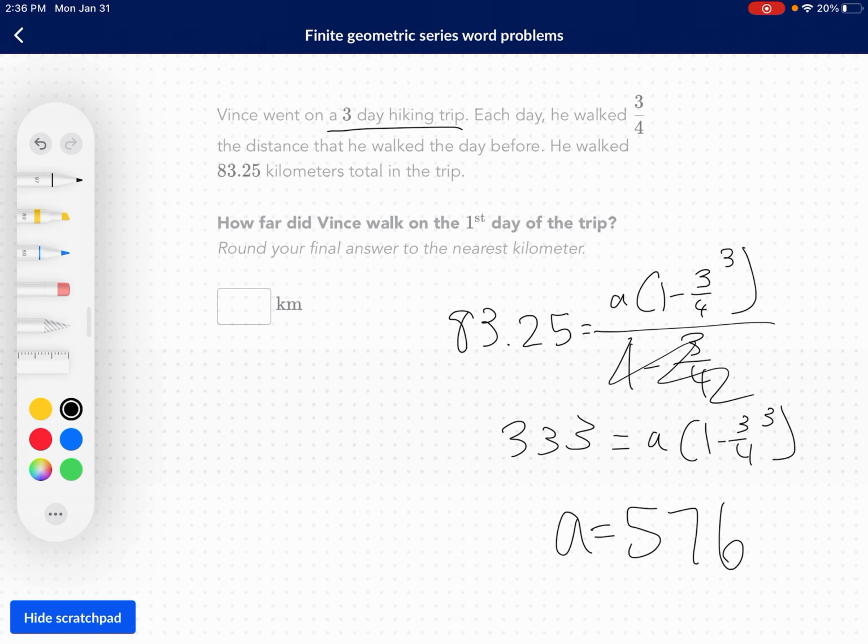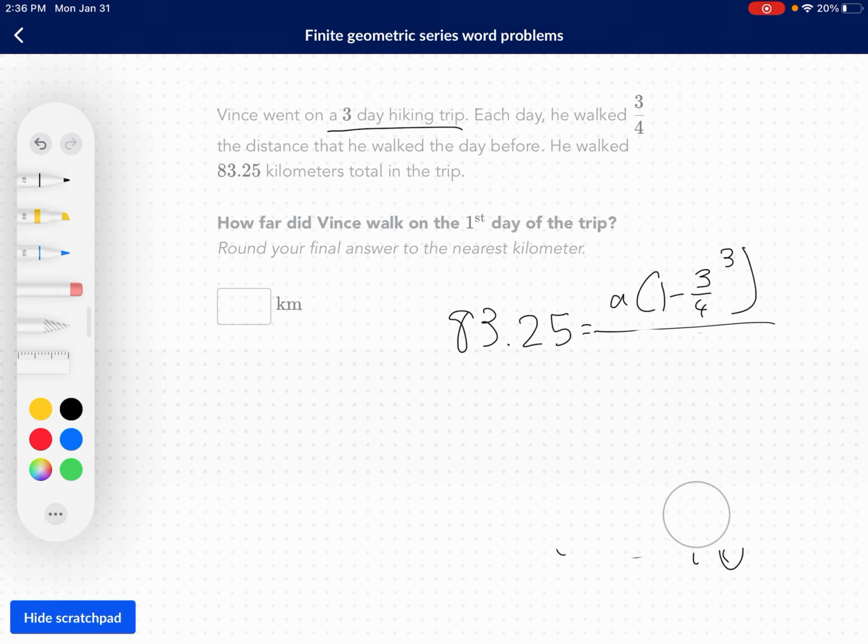Oh, I divided by point. Okay, I made a mistake here. I divided instead of multiplied in my calculator. Okay, let's start again. 1 minus 3/4. We can multiply.